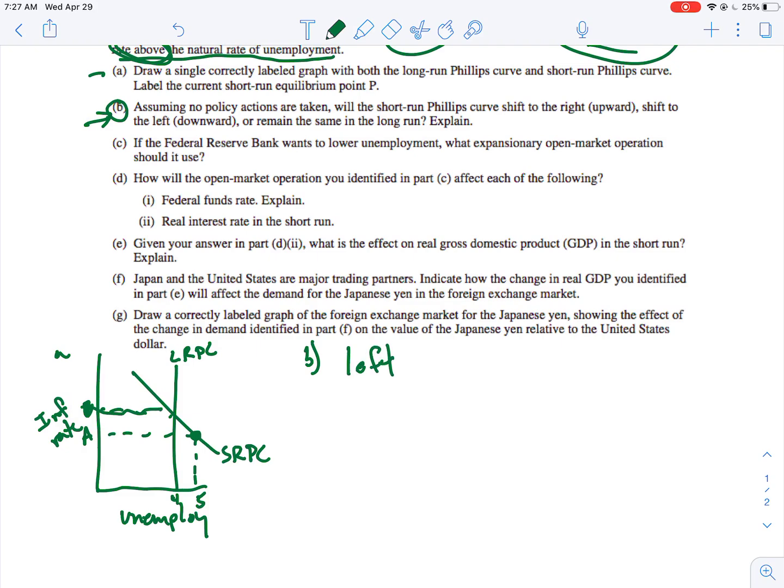Now that's the what, and our why is there's going to be downward pressure on wages and input costs. That downward pressure pushes our short run Phillips curve back to the left because of these lower inflationary expectations and lower input costs.